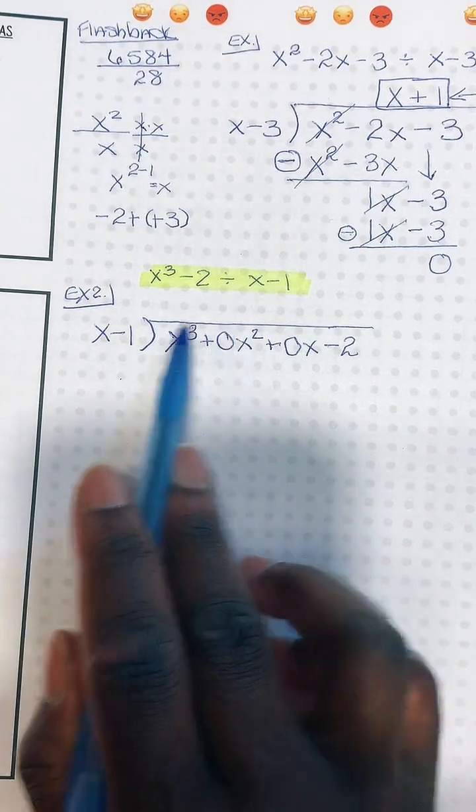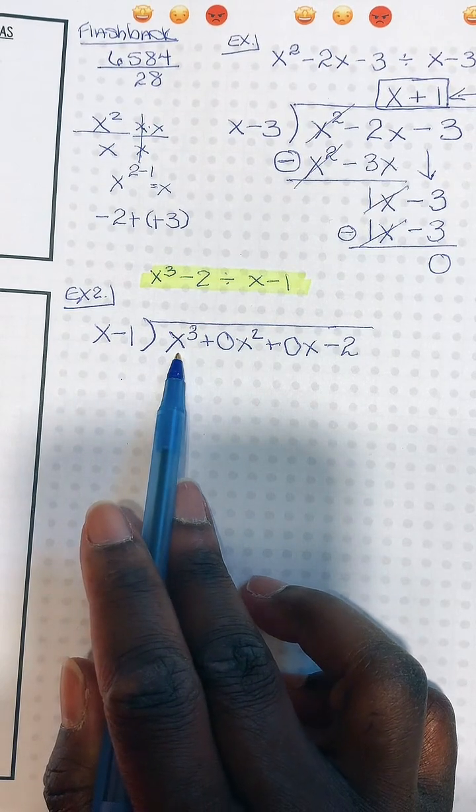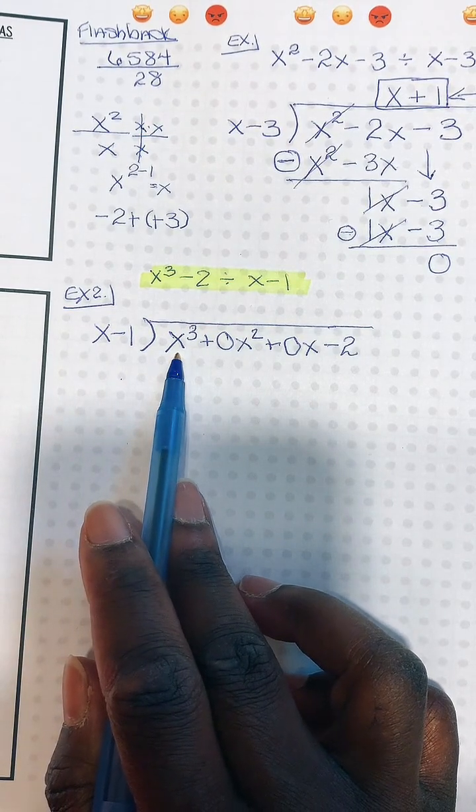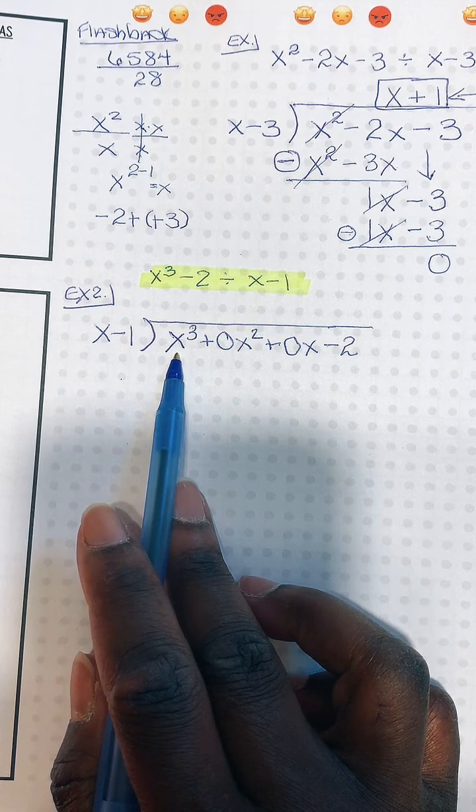So, what times x gives me x cubed? I have a 1x. X squared? Yes.